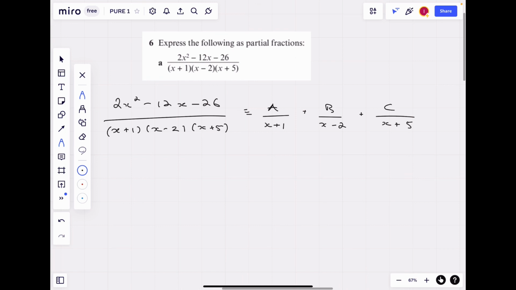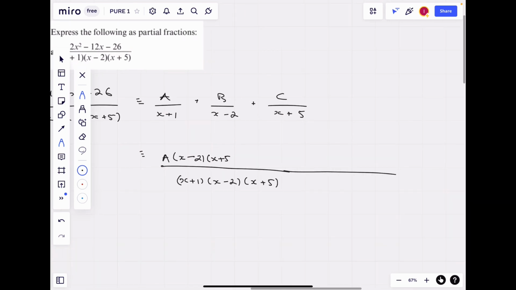Okay, now we have to combine all the fractions on the right hand side. So they should all be over x plus 1, x minus 2, x plus 5. So we're going to get A bracket x minus 2, x plus 5, plus B bracket x plus 1, x plus 5, plus C bracket x plus 1, x minus 2.